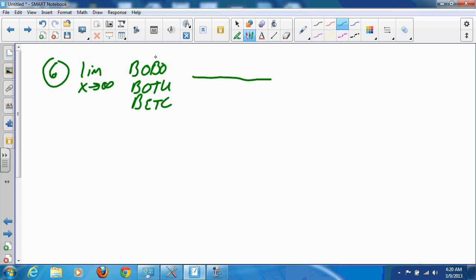Bigger on bottom, the limit goes to 0. If the exponent is bigger on top, we're going to use this rule, and it would be undefined. And if the bottom exponent equals the top, then it's the ratio of the constants. So, looks like the largest exponent is to the third, and on the bottom it's 4x cubed. So the ratio of the constants would be what? Just 1 over 4.